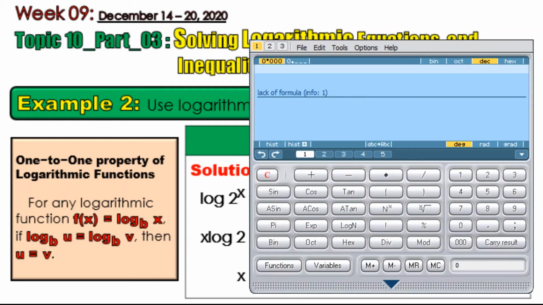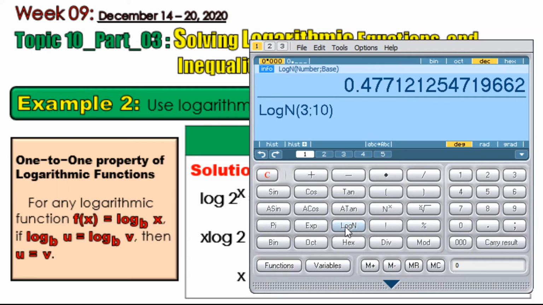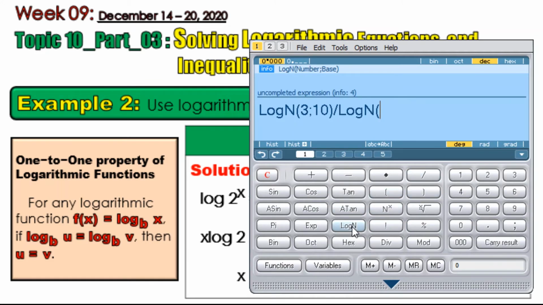So we have the logarithm of 3 divided by the logarithm of 2, and we all know that the base is 10. That is the logarithm of 3 to the base 10 divided by the logarithm of 2 to the base 10.